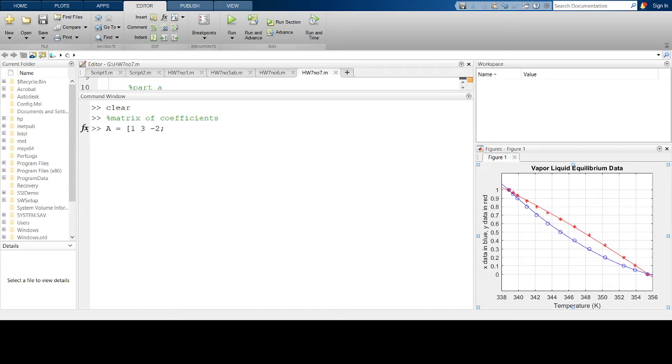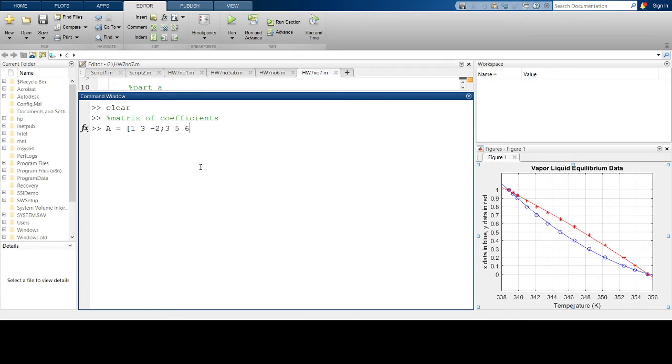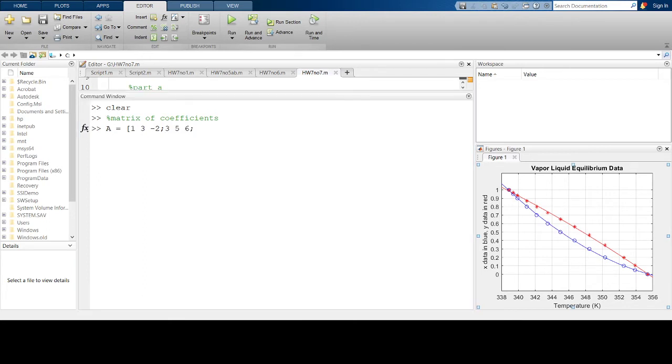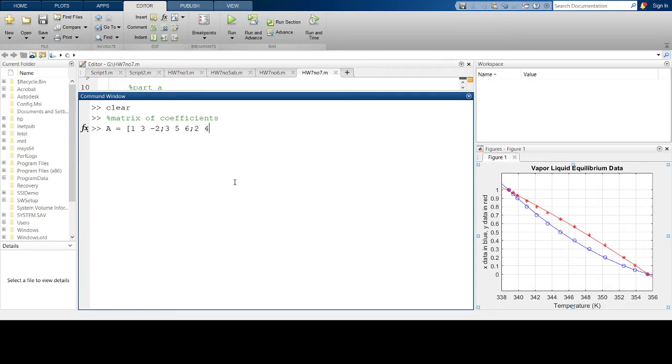My second equation is 3x plus 5y plus 6z, so it's 3, 5, 6, semicolon. Move to the third equation, 2x plus 4y plus 3z, so it's 2, 4, 3. This is my matrix of coefficients.